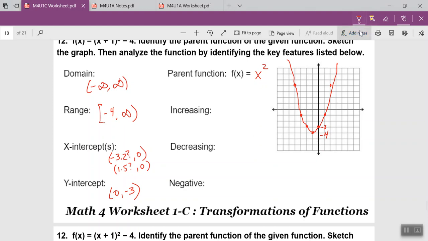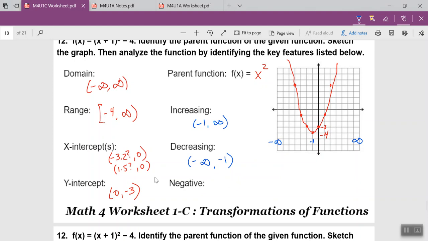Increasing. Now we have to stop and ask ourselves, what is x doing right here? It bottoms out where x is -1, and then it goes forever in the other direction. So it's increasing from -1 to infinity, but it's decreasing from -infinity as far as -1.